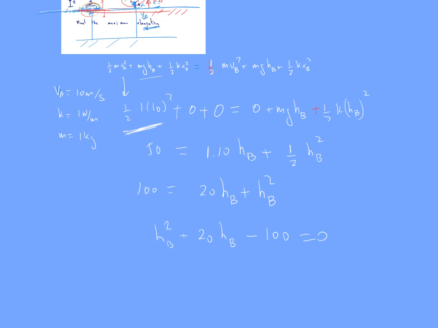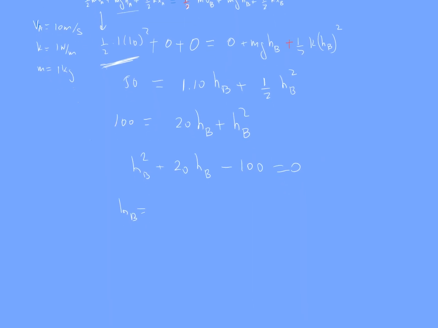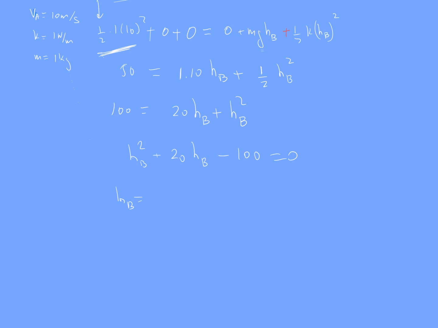And what will h_B be? That will be the elongation. This is a quadratic equation, so it is minus b, minus 20, plus or minus the square root of b squared, 20 squared, minus 4ac, with this minus it will be positive 400, divided by 2.